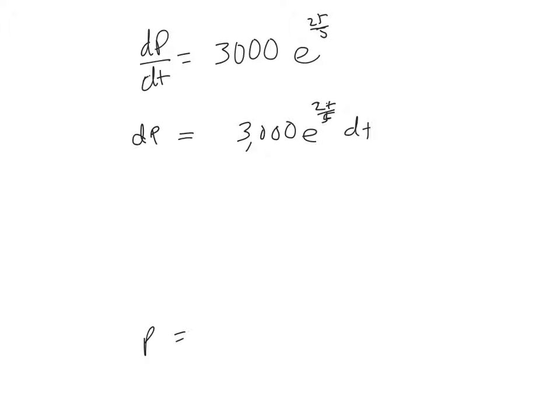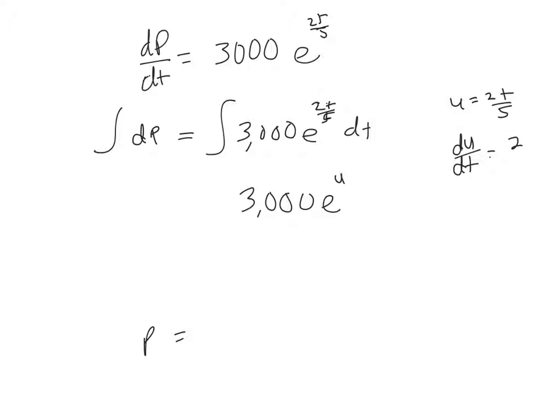dt. I'd really like to get that to be e to a simple power, looking ahead because I'm going to integrate both sides. I want to get that e to the u du, so I'm making my u be 2t over 5, or 2/5 t.